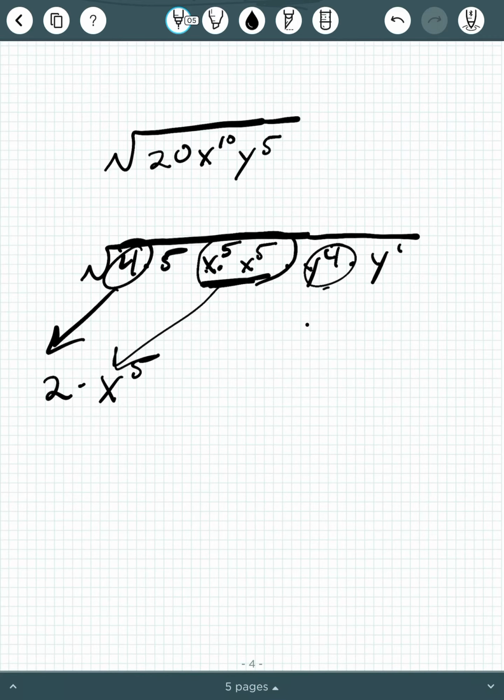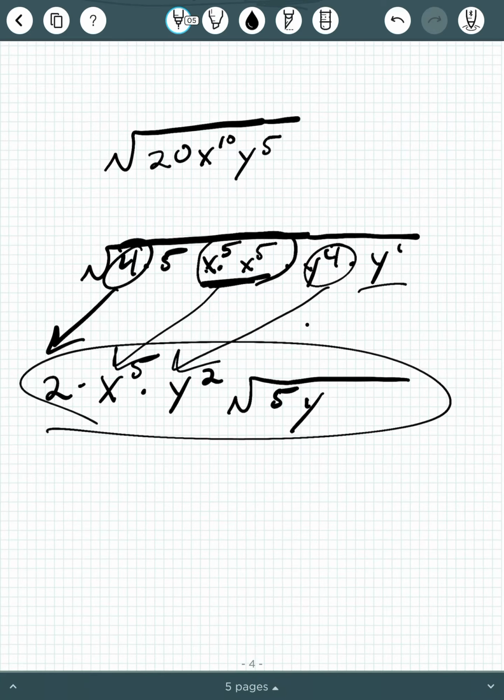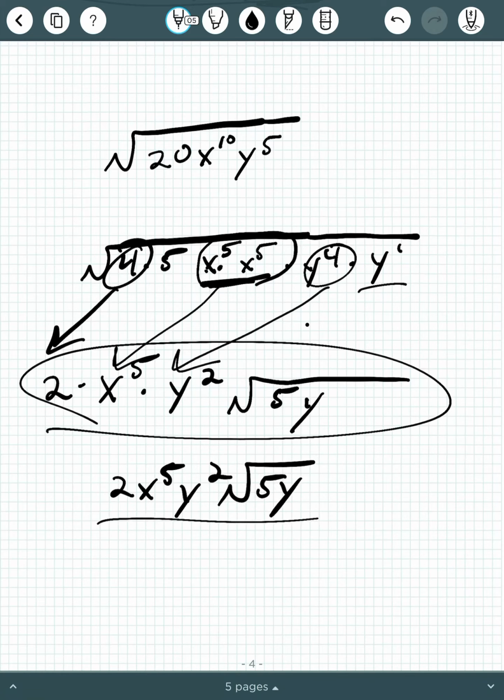Y to the 4th has a square root of y to the 2nd, and we can't do anything with y to the 1st, so we now look at what's left, which is the 5 that doesn't have a nice square root, and y to the 1st, which again, we can't really take a nice square root that'll have a whole number for our exponent or value. But what we have done is fully simplify this radical expression to get 2x to the 5th y squared radical 5y.